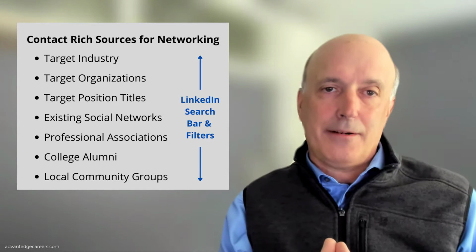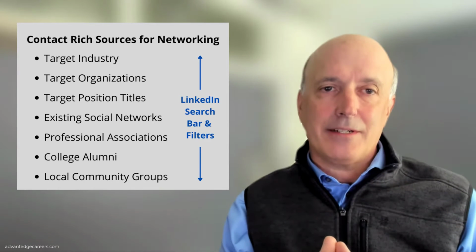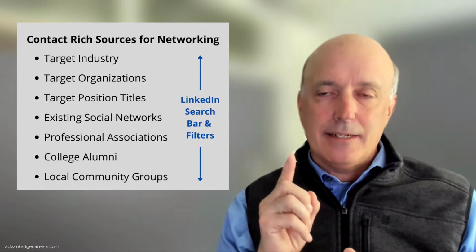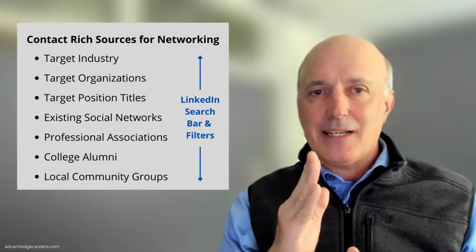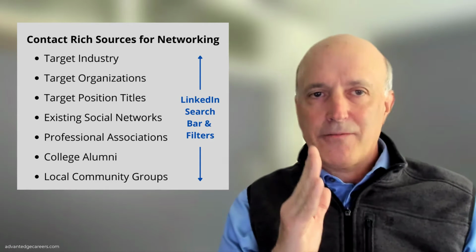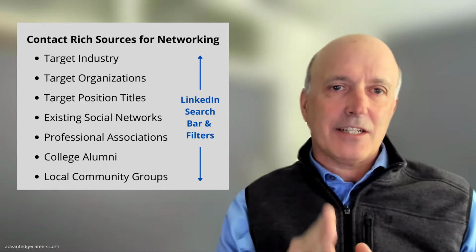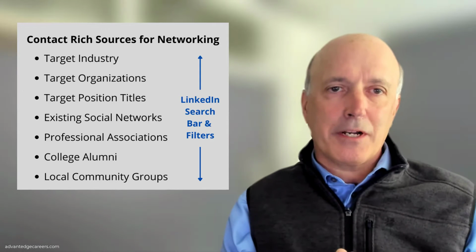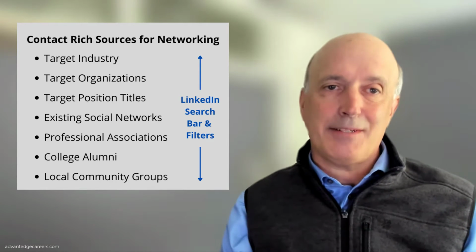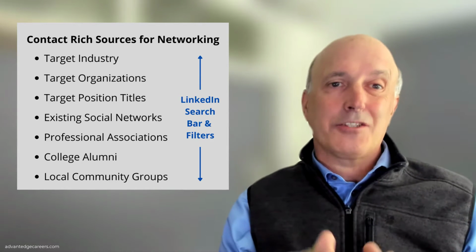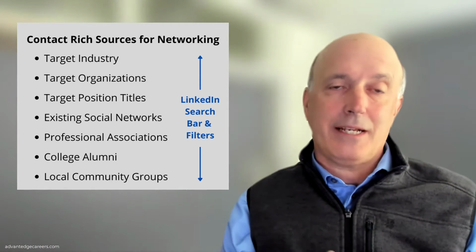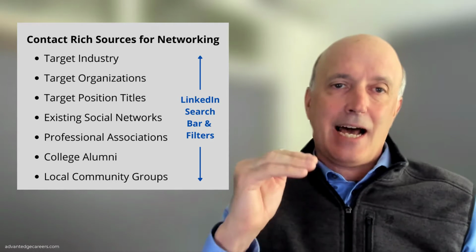I recommend focusing the search criteria on 7 key areas: target industry, target organizations, target position titles, existing social networks, professional associations, college alumni, and local community groups. If I counted correctly, that's 7. If you conduct your research correctly, you're going to soon have 300 or more potential contacts to fill that top layer of your job search funnel.